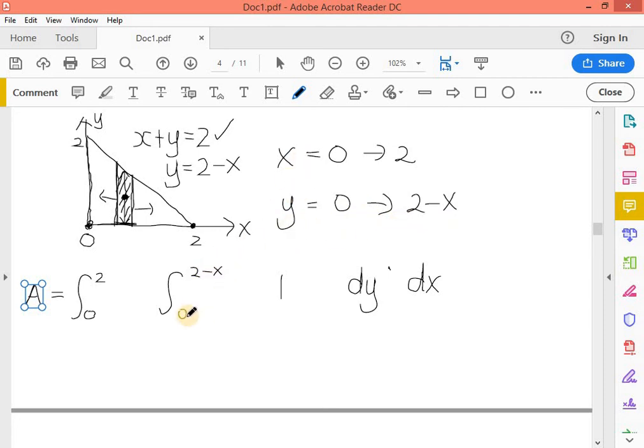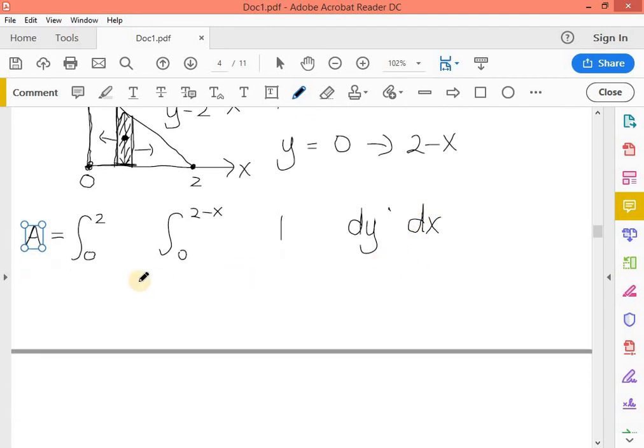So 0, 2 minus x is the interval for y. That's why your y, you must put it here. You cannot put it outside. Different things, dy here. And 0 to 2 refers to the interval for x. So your x, you have to put it outside. You clear? Okay.